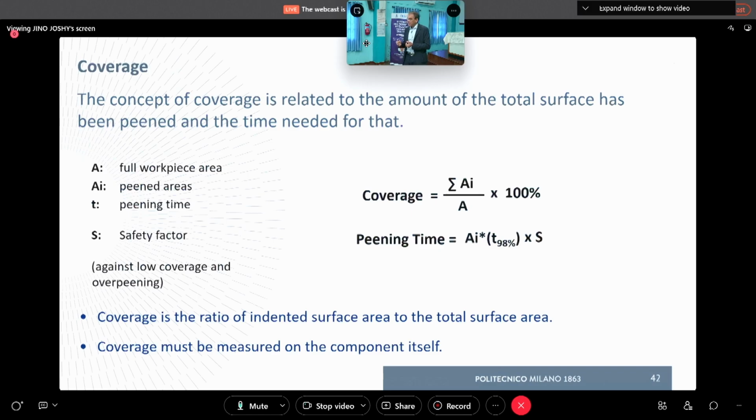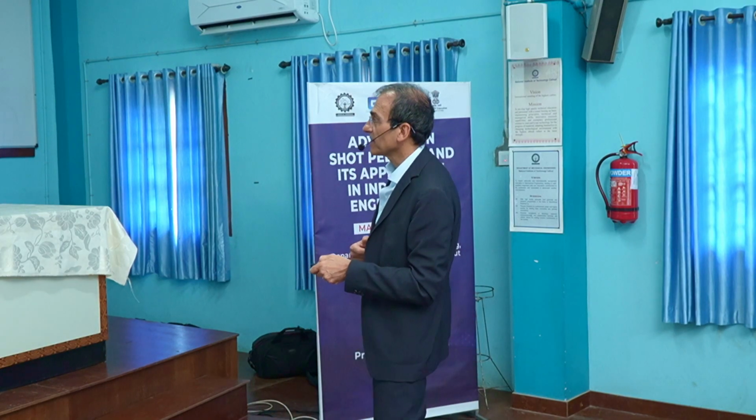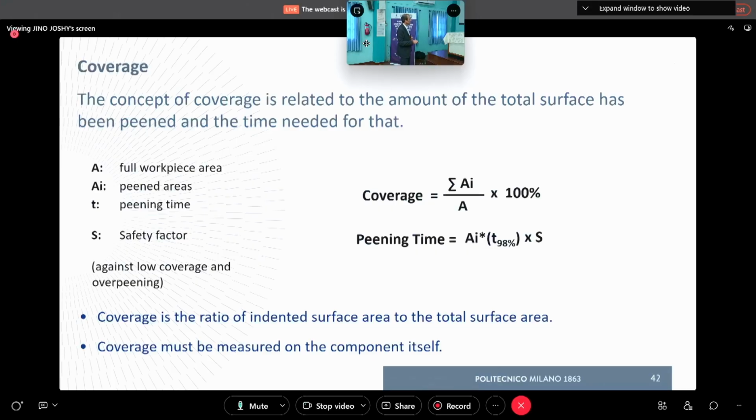And so the coverage can be defined as the sum of the area of the single indentations over the total full workpiece area, multiplied by 100, of course. And the peening time is related to the single indentation and the coverage in the end.